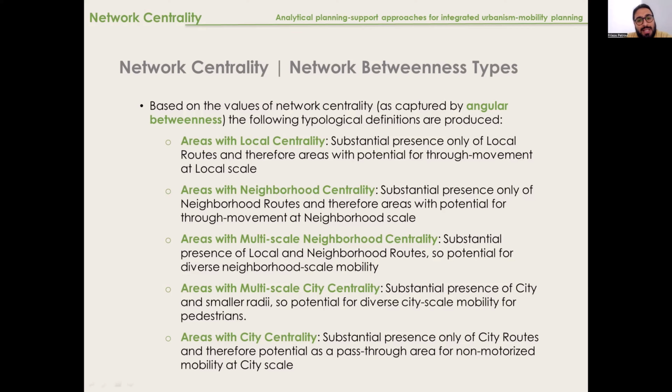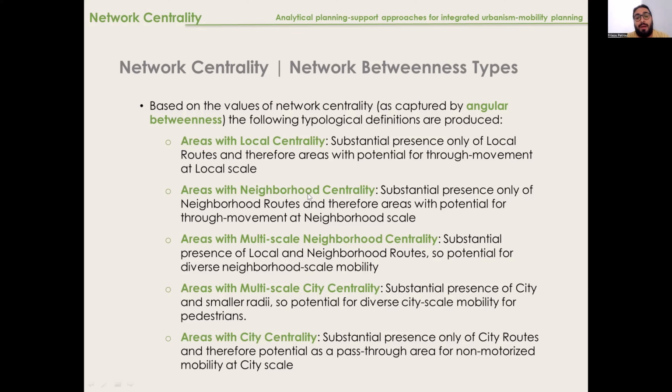So we have areas with local centrality, that are central at low radius, areas with neighborhood centrality that have a substantial presence of neighborhood routes, meaning routes that are high on a medium scale, let's say, and also areas with city centrality that have a substantial presence of city routes, meaning routes that are high in radius, like 3, 4, 5 kilometers, relating to long-distance movement.